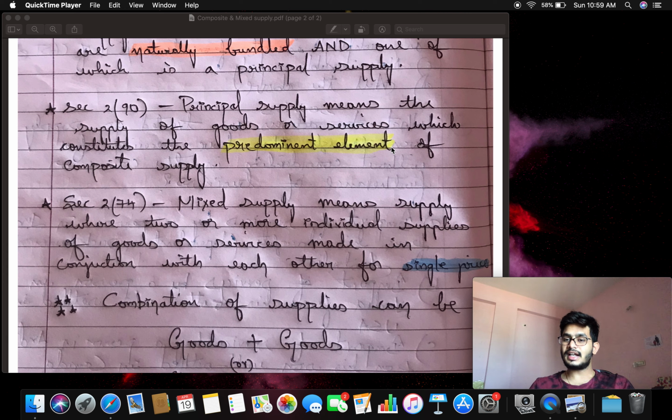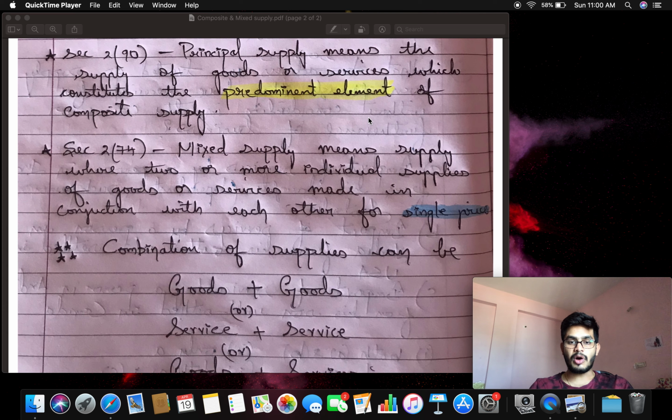What is the predominant element? The travelling is the predominant element, not the snacks. If you are not travelling to Australia and you go to the airport and ask for snacks, will they give? No. They give the snacks only if you are actually travelling. It is complimentary, that is the auxiliary one.